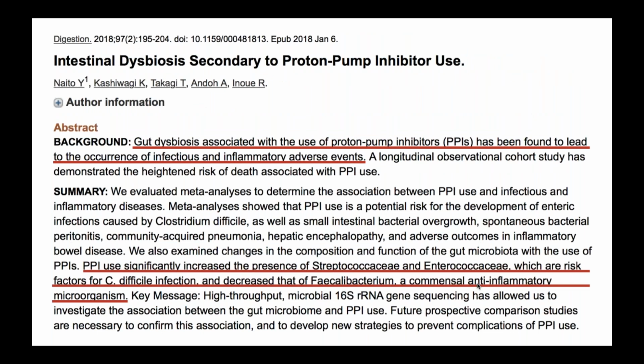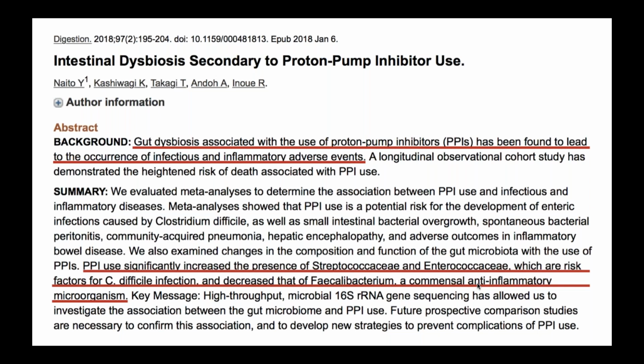I also want to emphasize that this particular patient had a history of proton pump inhibitor use, which it turns out is also known to disrupt the microbiome. This article is titled Intestinal Dysbiosis Secondary to Proton Pump Inhibitor Use. They say gut dysbiosis associated with the use of proton pump inhibitors has been found to lead to the occurrence of infectious and inflammatory adverse events.